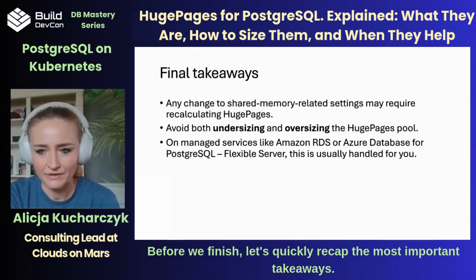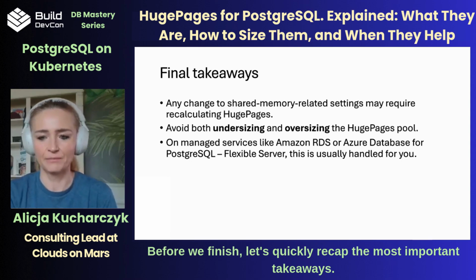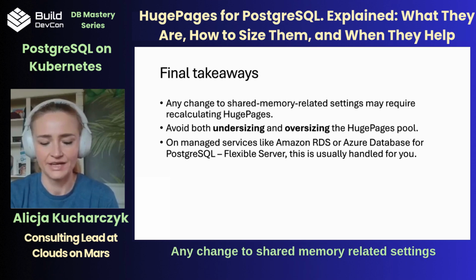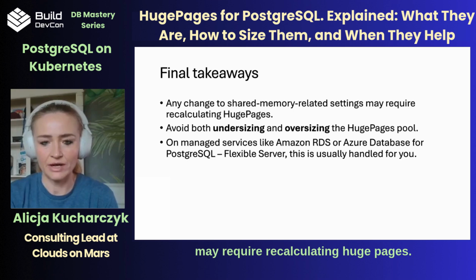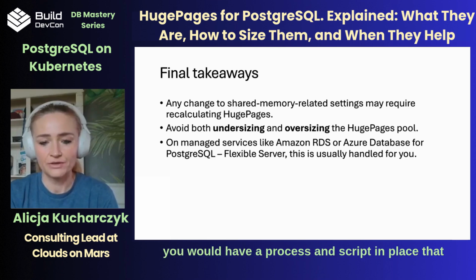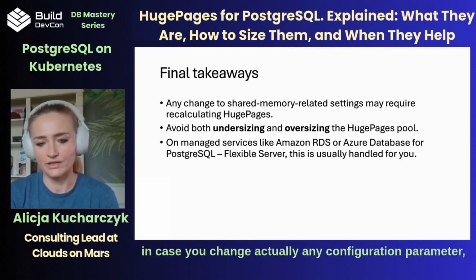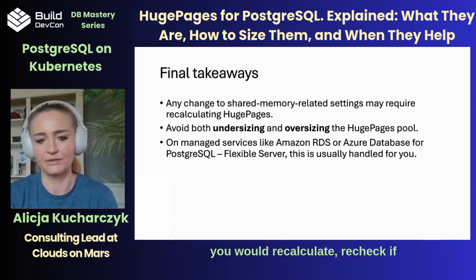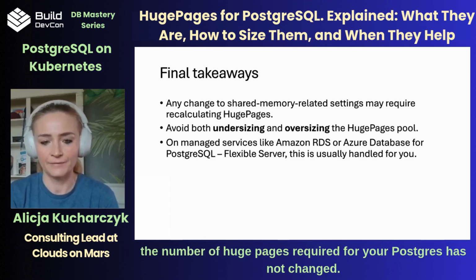Before we finish, let's quickly recap the most important takeaways. Any change to shared memory related settings may require recalculating HugePages. So it would be really good to have a process and script in place so that if you change any configuration parameter, you recalculate and recheck whether the number of HugePages required for your Postgres has changed.